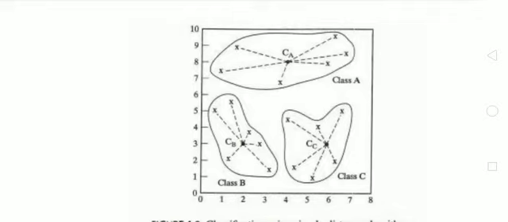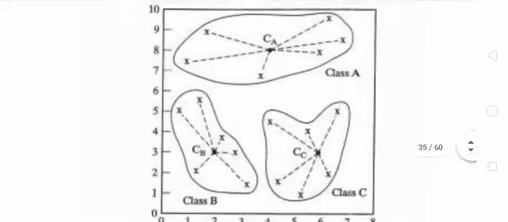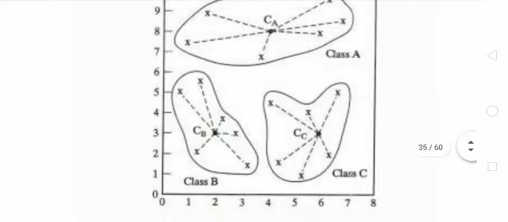Now in this diagram three classes are shown, class A, class B and class C, where every class has a center which is representative of that class, called C of A, which is the representative of class A, C of B, which is the representative of class B, and C of C, which is the representative of class C.